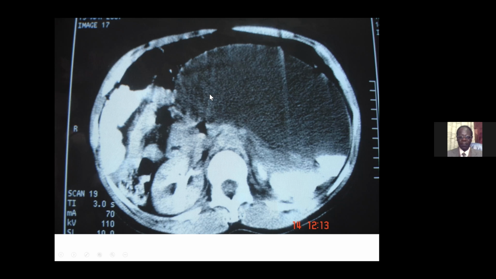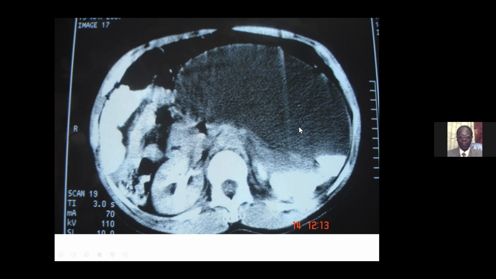This is the typical. We can see it is hypodense. It is full of liquid. This is a pancreatic pseudocyst. That's how it looks like. And this is one of the complications of acute pancreatitis.